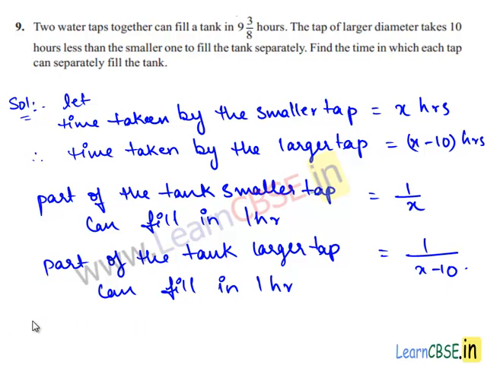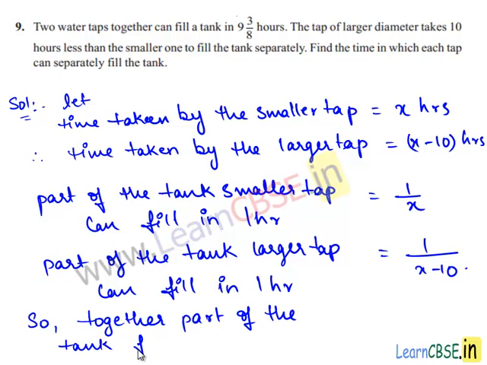So together, the part of the tank filled in 1 hour is equal to 1 upon x plus 1 upon x minus 10.